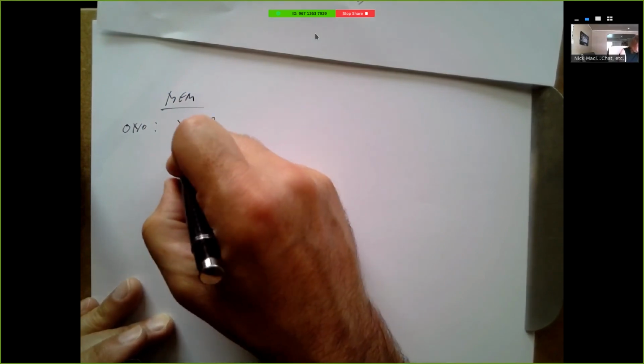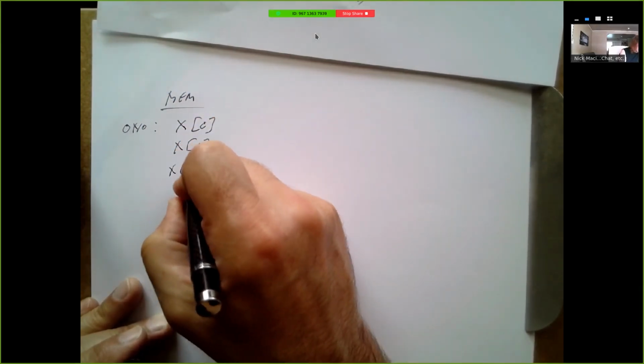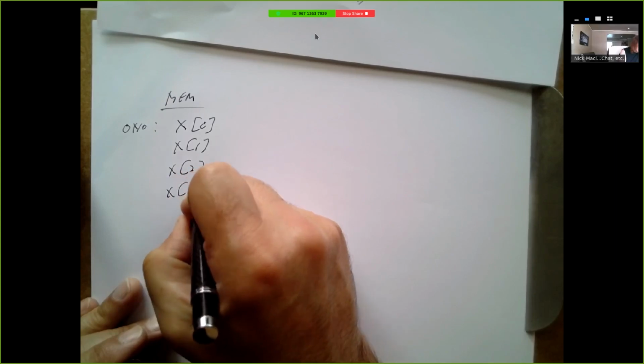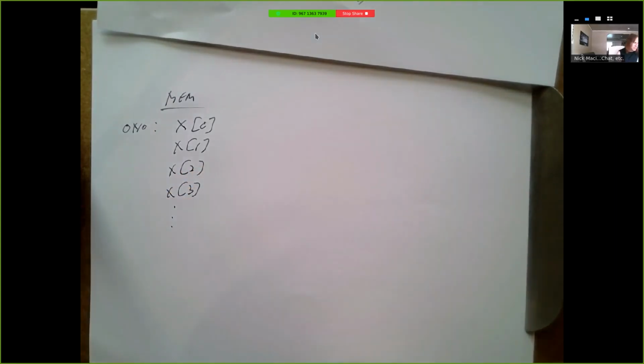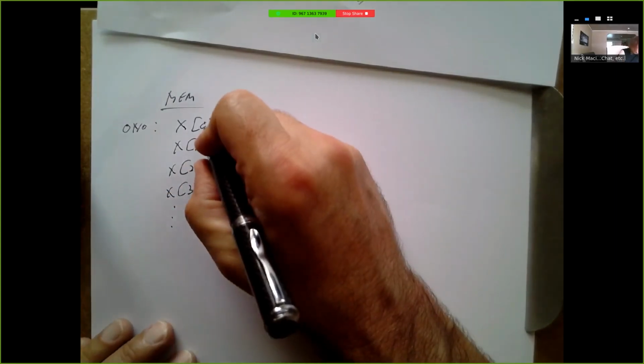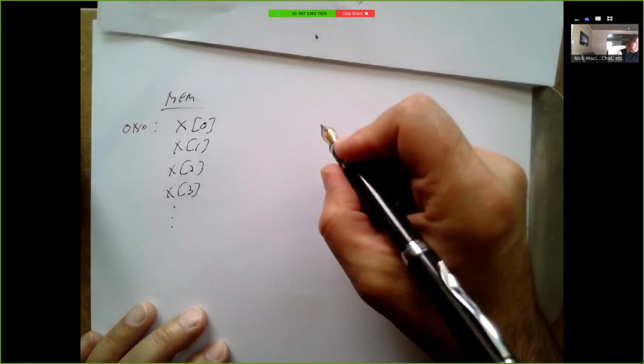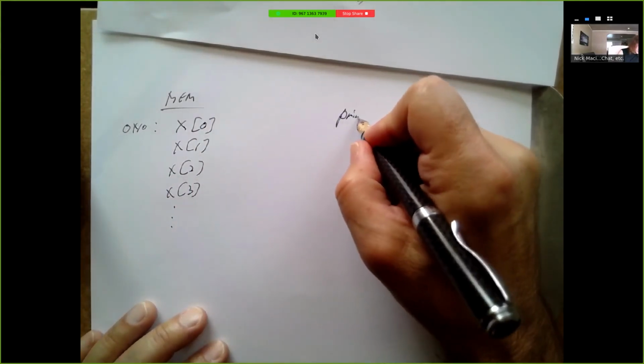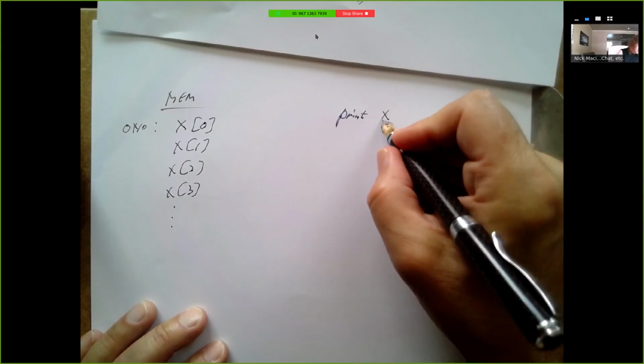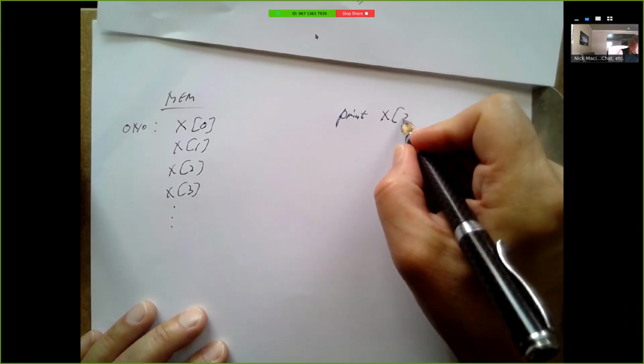So this is X0, X1, X2, X3, and so on. And now you want to say something like, so this is pseudocode C code, print X bracket 2.